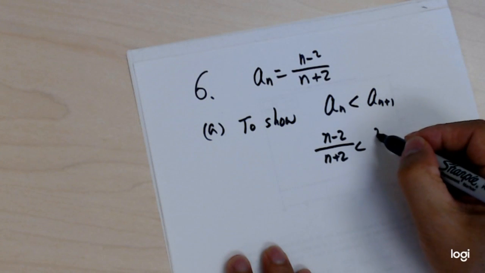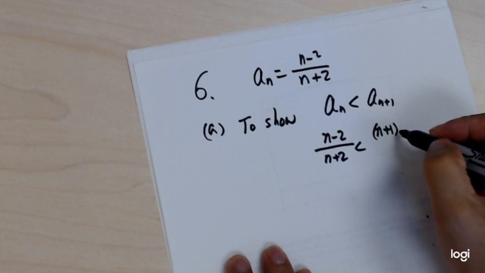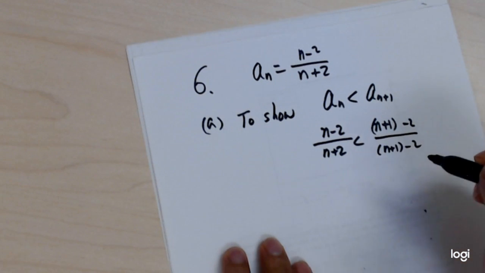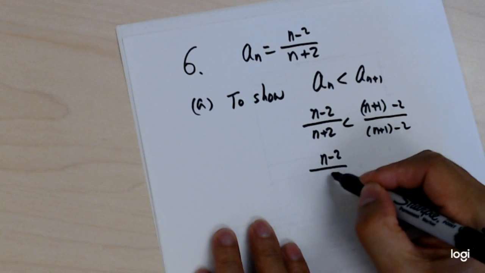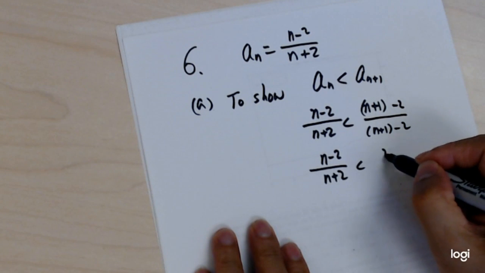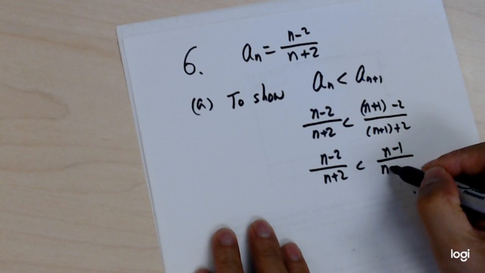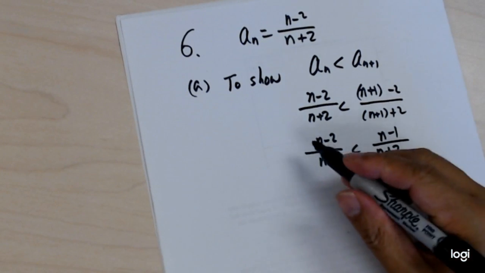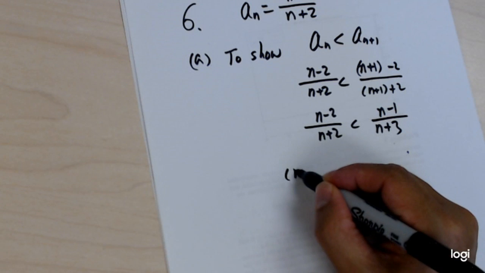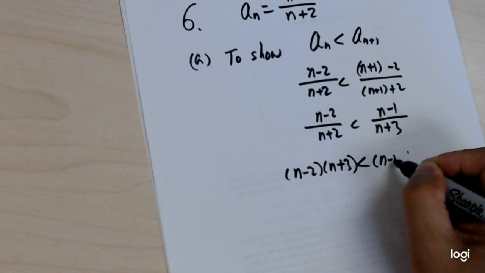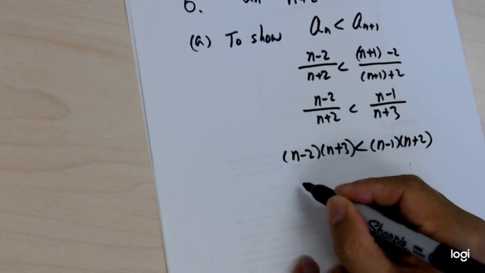a sub n plus 1 is, so you replace n with n plus 1. Simplify. Sorry, this is plus here. And then we do the cross multiply. FOIL things out.